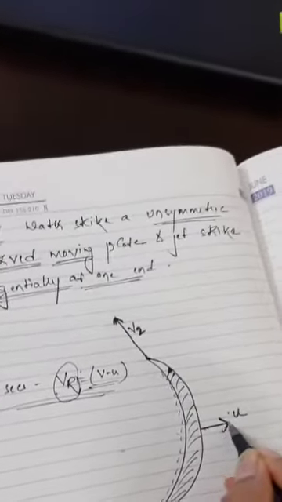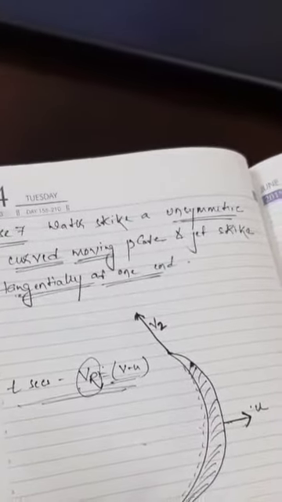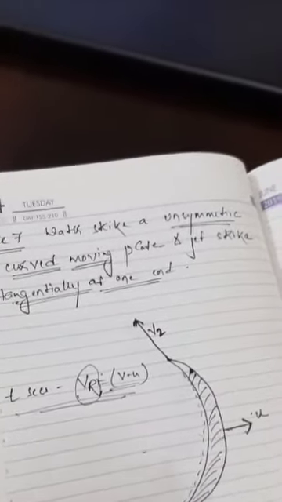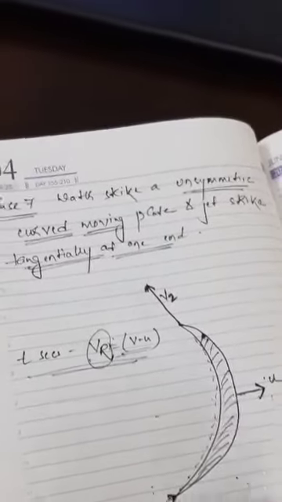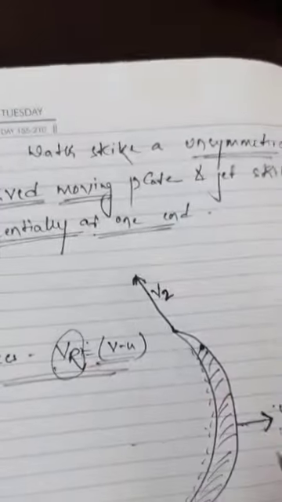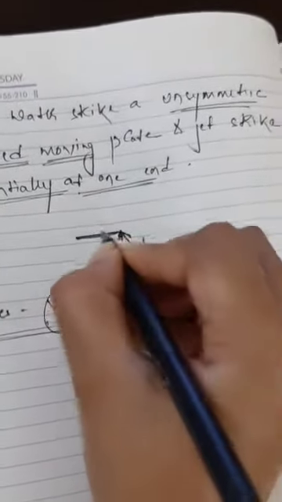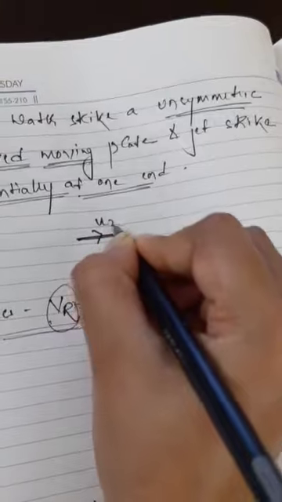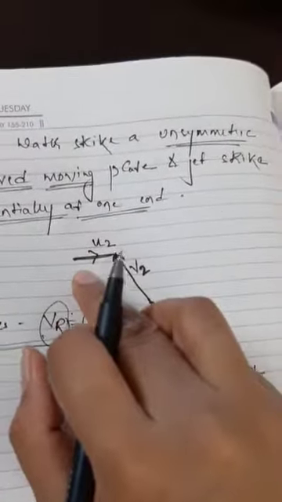Just like u is horizontal, I will take two horizontal lines. So parallel to u, I am taking one line here. Let this be u1, and similarly on the outside, parallel to u, I will take a horizontal line. This is u2. This is u1, this is u2.